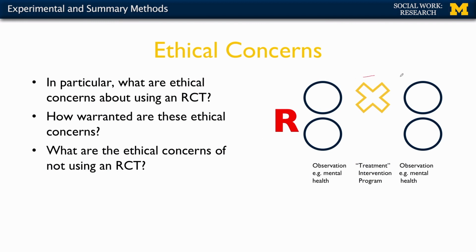If a particular treatment is a treatment that we already know to be effective, then it's a treatment that we probably shouldn't be studying. So if we know that a treatment is effective, we probably should not be studying it using an RCT design.